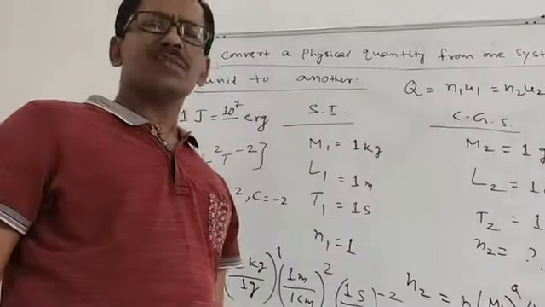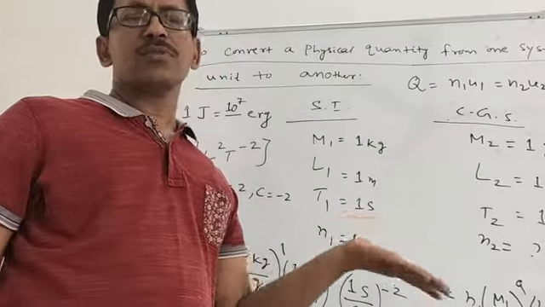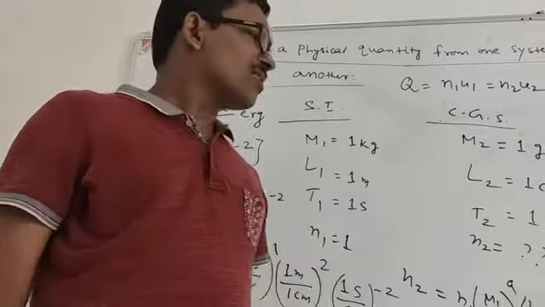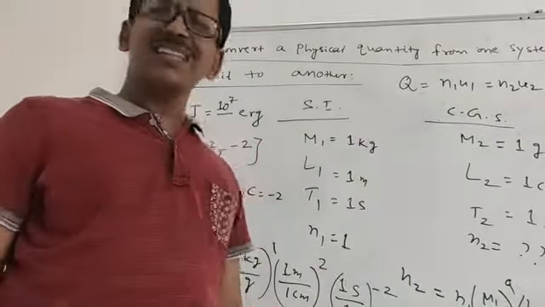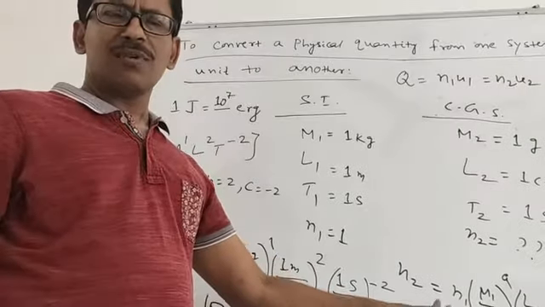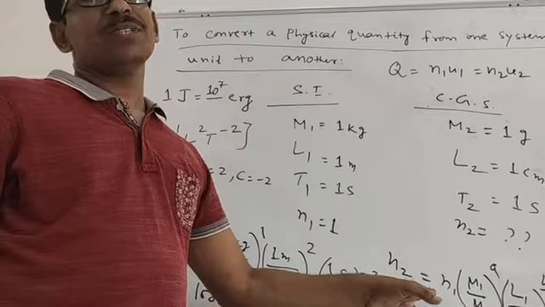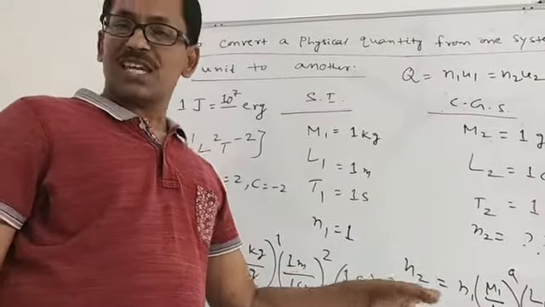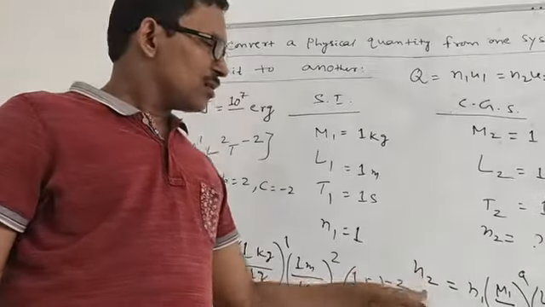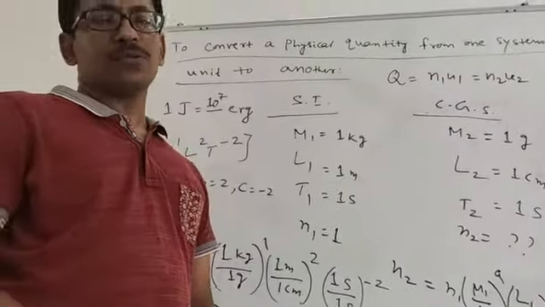Mass may be 20 gram, length 30 centimeter, time 2 minutes. Like that values may be given. Just remember this formula. The one fact is that the numerical value or magnitude of the physical quantity will remain the same in different systems of units. So this can be remembered as a formula and used to solve questions.